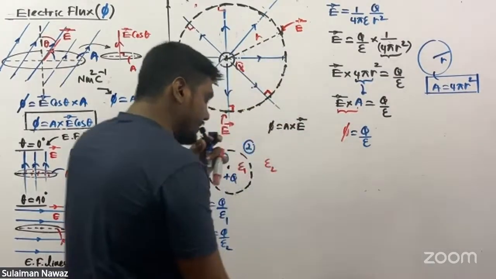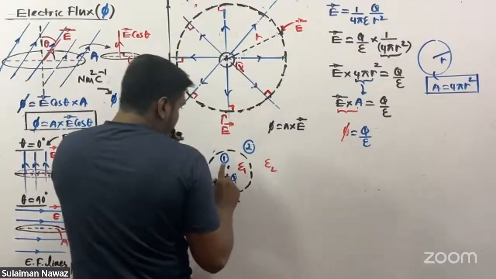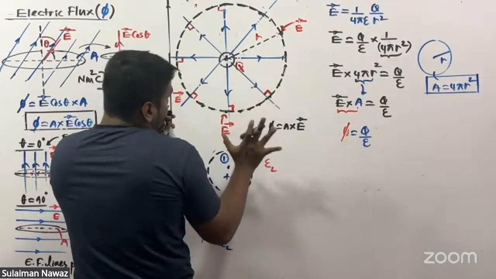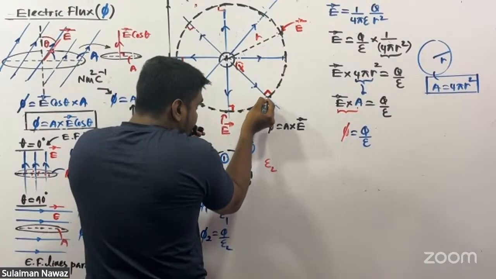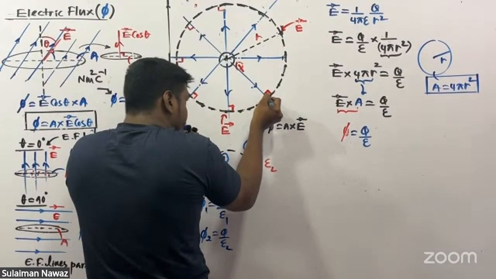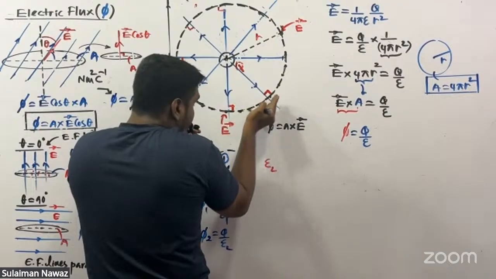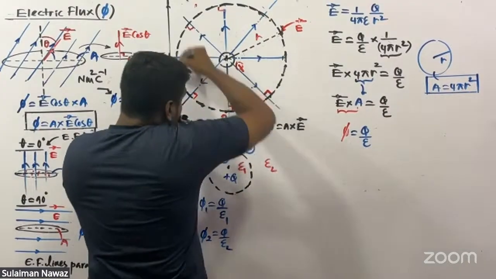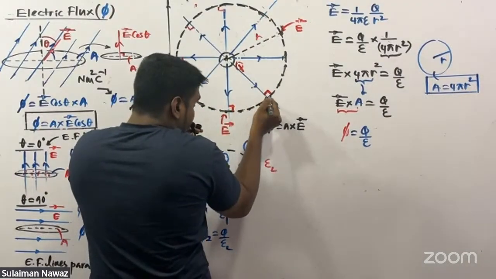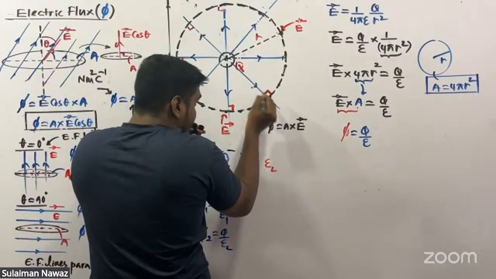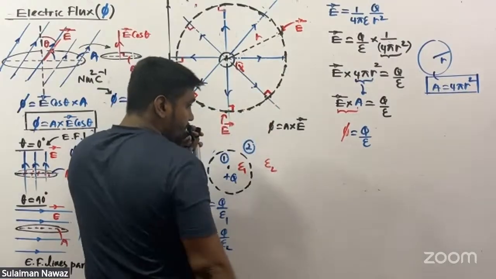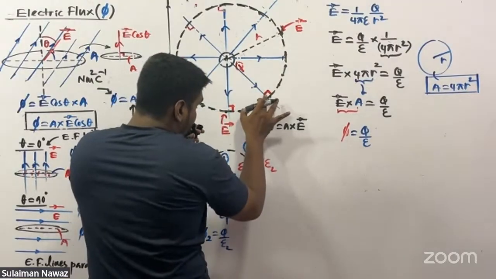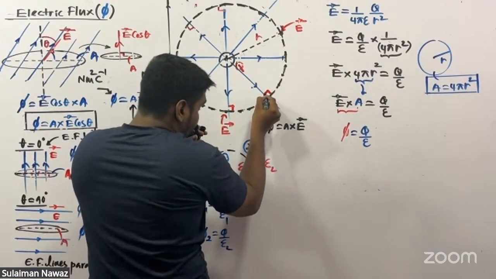The problem is, just think of a point just before this region, a point that is inside this boundary, very close to this area.